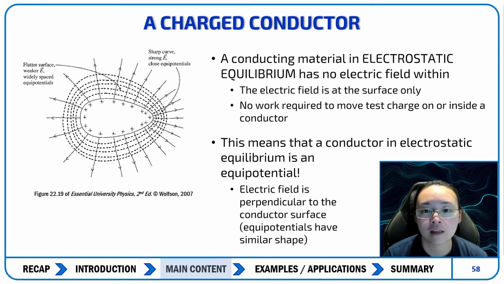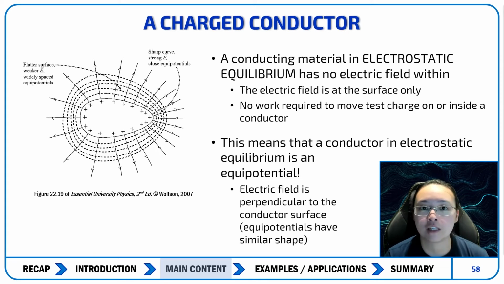And that means that the electric field line will be perpendicular to the surface. And so the actual surface itself is an equipotential line. So that is a unique feature of a charged conductor, where if you break it up into tiny little pieces, each of them will radiate out or in an electric field line that's perpendicular to the surface.